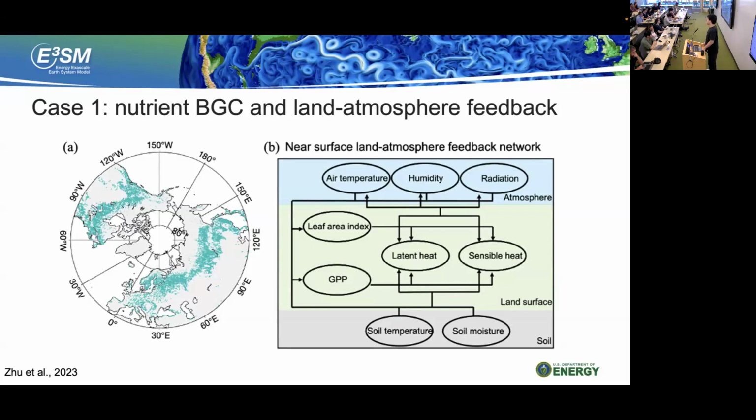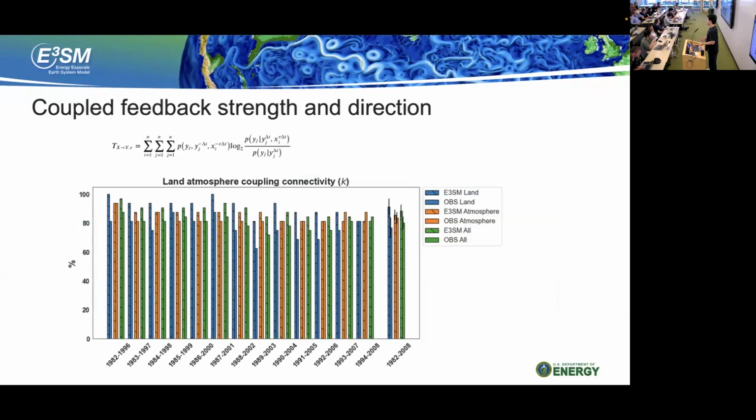So you see there soil, land surface, and atmosphere, and they have arrows connecting with each other. The direction and the strength of those arrows, we call them feedback. So you have feedback direction and also feedback strength. And so this is BDRD. And so how do we calculate the feedback direction and strength?